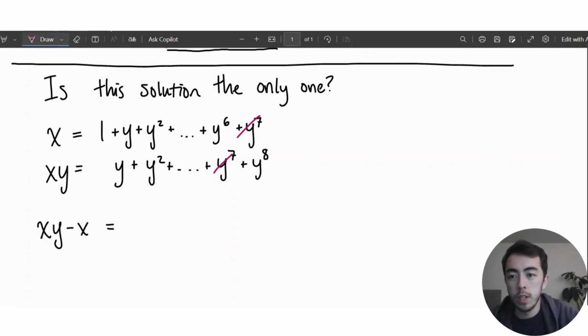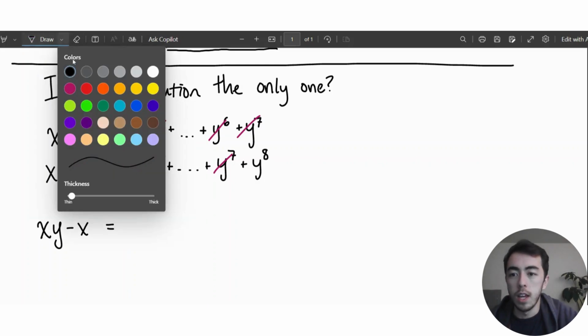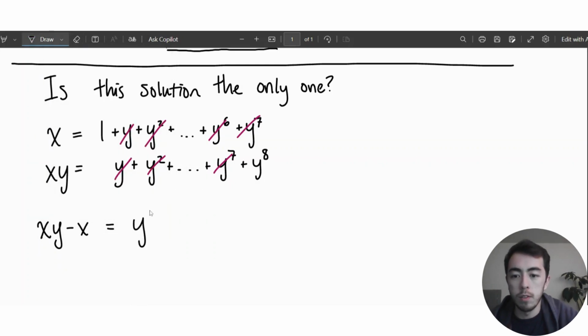And this bottom sum is going to have all the appropriate terms to cancel out with this top one, all the way until y to the power of 1, or just y. So all those middle terms cancel, and I'm left with y to the power of 8 from here, minus, and then again, all these go away, minus just this 1.